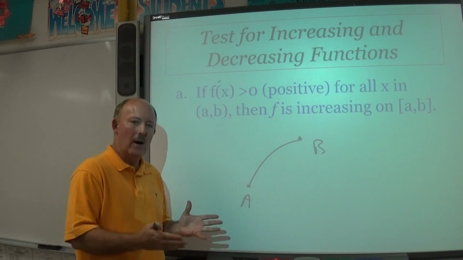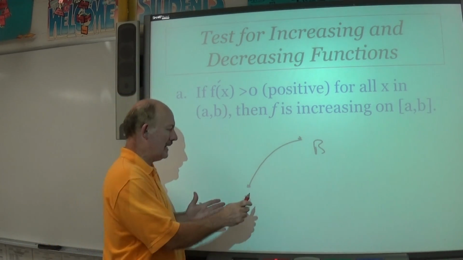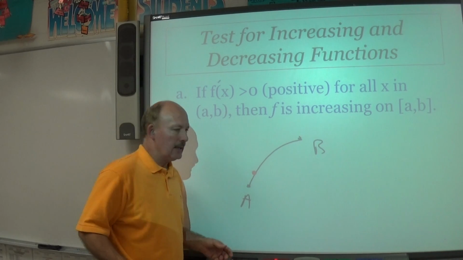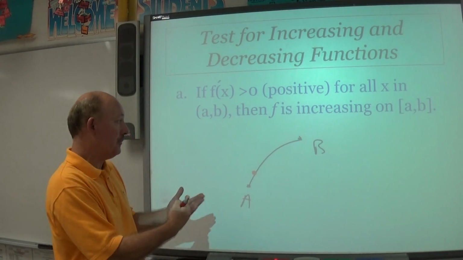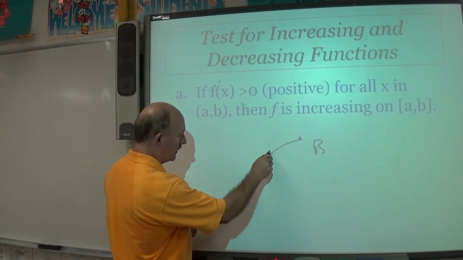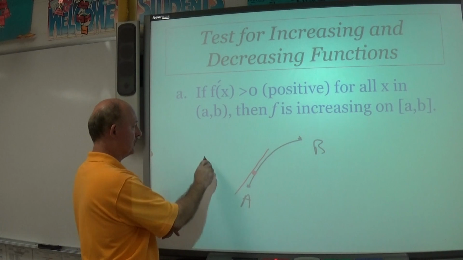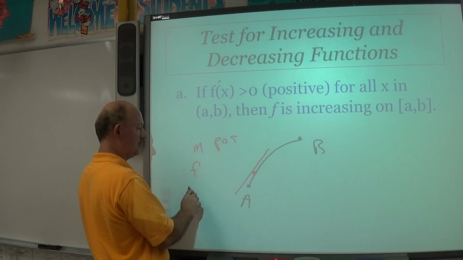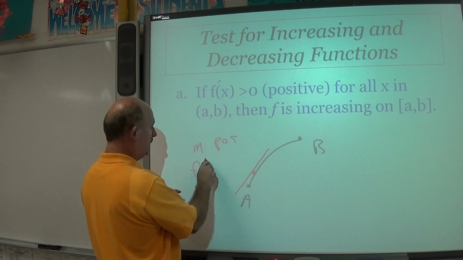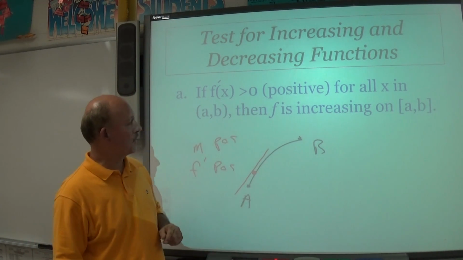No matter where I pick a point on my graph, if we draw a tangent line to the curve at any point on my section of the graph, okay, the slope of that tangent line is going to be positive, right? So the slope is positive. Okay, that means that the derivative is positive. That tells us that the graph is increasing.